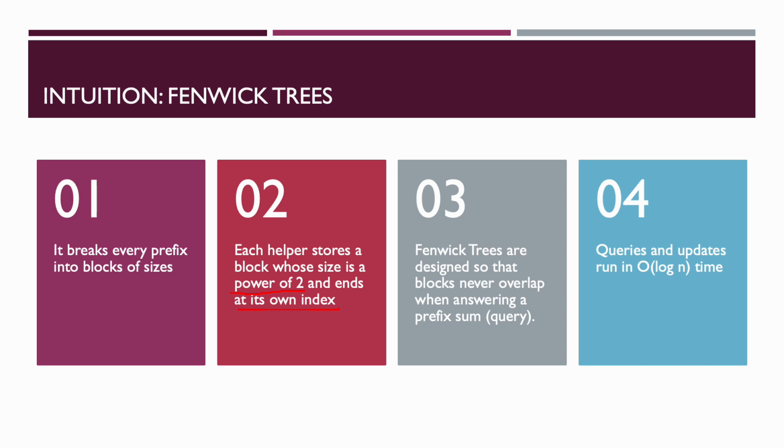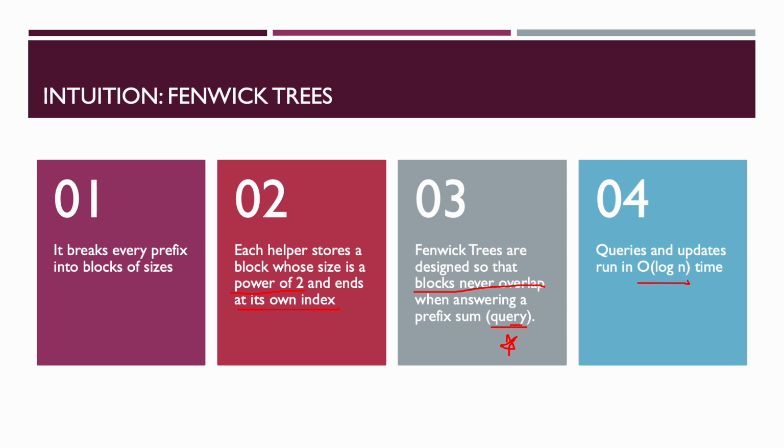Now it's designed in such a way that when we query, the blocks don't overlap when we answer. Remember the word query. And the time that it requires for query and update is big O of log n.